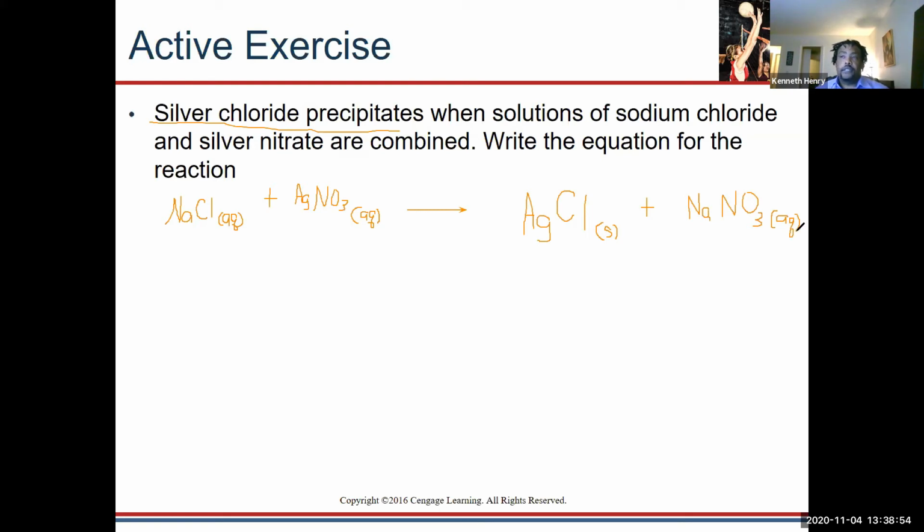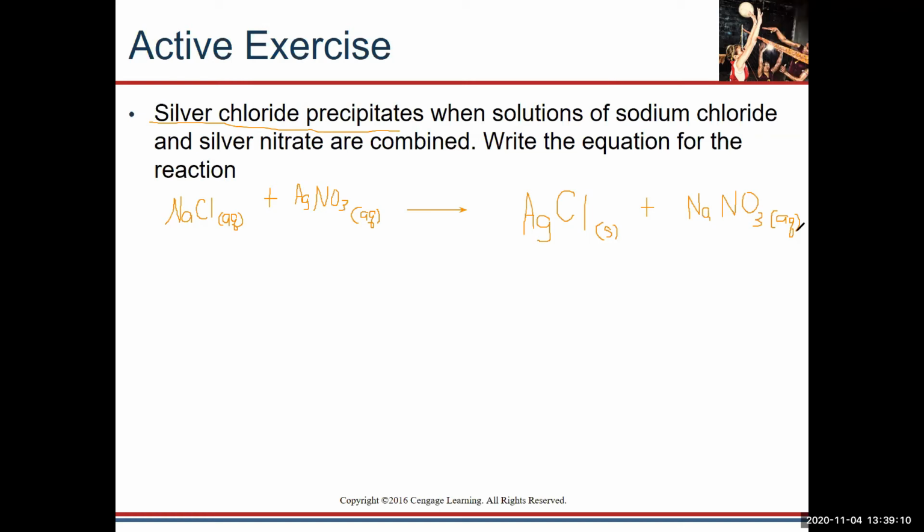So is it balanced? Hector, is it balanced? No. Okay.